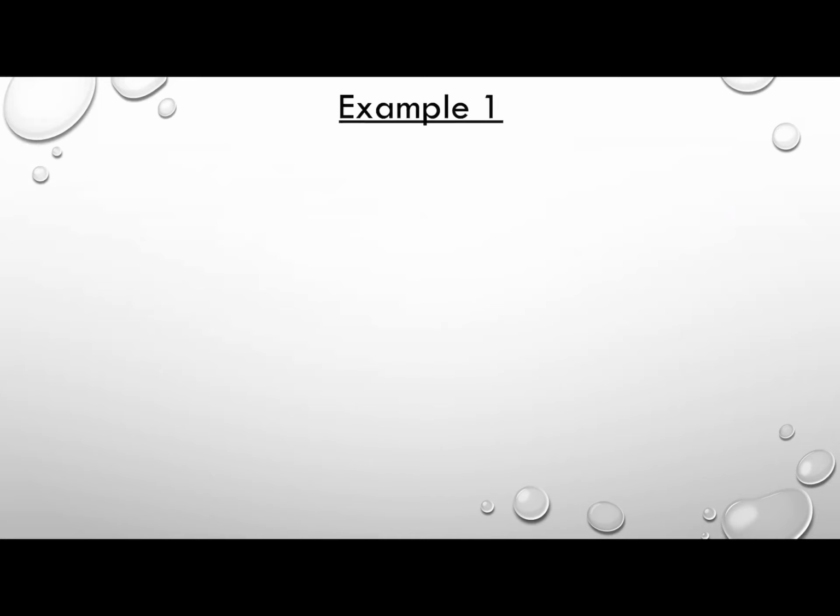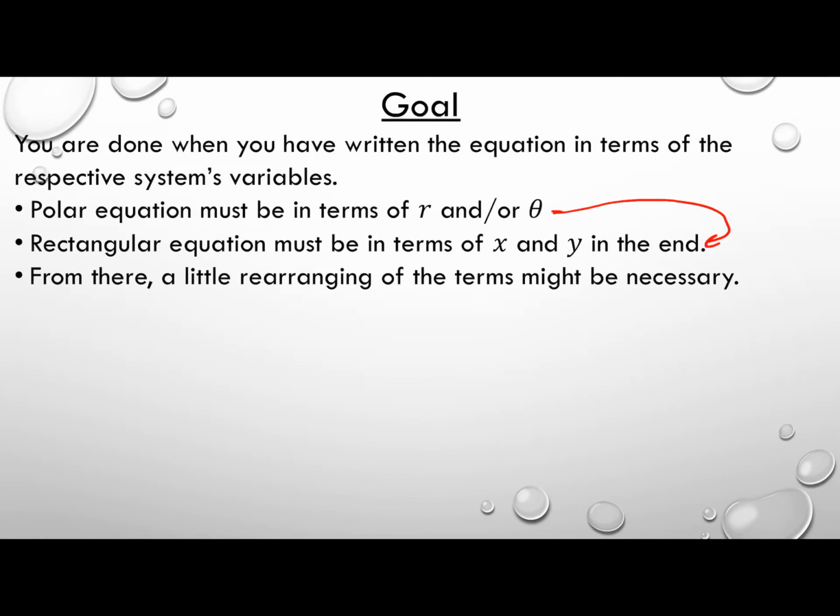So once again, just to recap, what are those 4 formulas that we learned in the previous lessons? They were the following. We talked about x being equal to r times cosine of theta. We talked about y is equal to r times sine of theta. Then x squared plus y squared is equal to r squared. And finally, tangent of theta is equal to y over x.